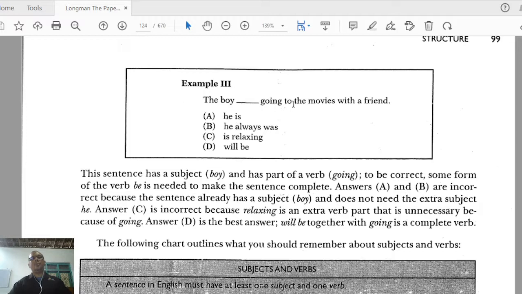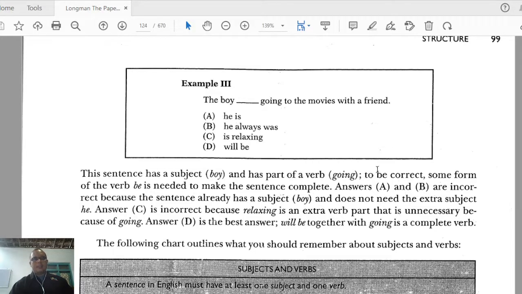Nah, going to ini kata kerja tapi harus membutuhkan auxiliary verbnya ya, atau kata kerja bantunya. Going to the movies with a friend. We have: he is, he always was, is relaxing, will be. Okay. This sentence has a subject, boy, and has part of the verb, going.